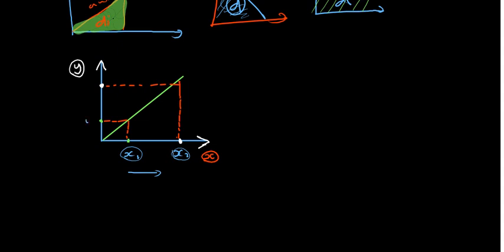And point 1 in the vertical one, point 2 in the vertical. Okay. So delta y means the difference in y, y2 minus y1, and delta x means x2 minus x1.